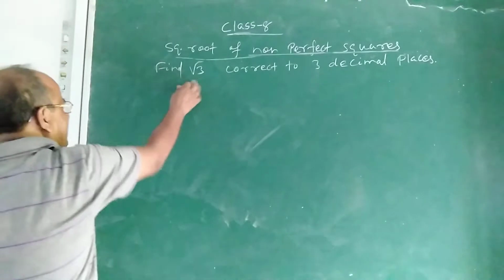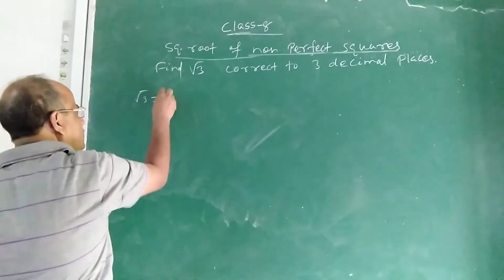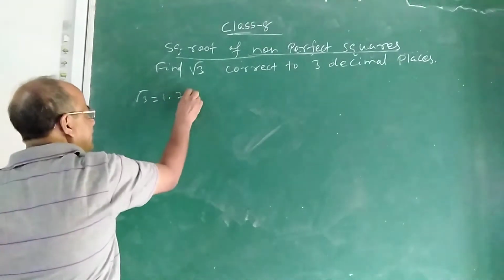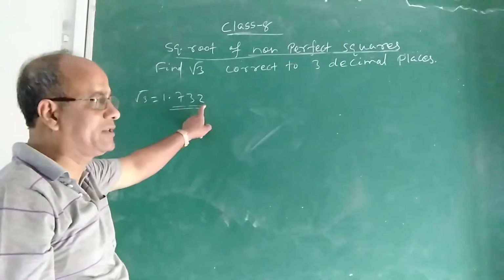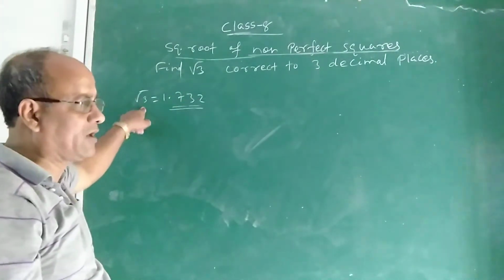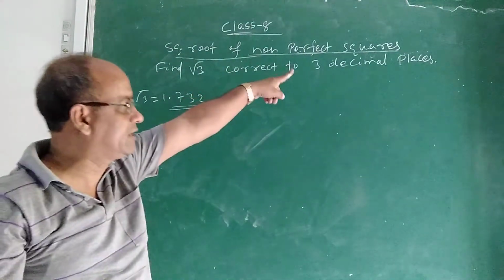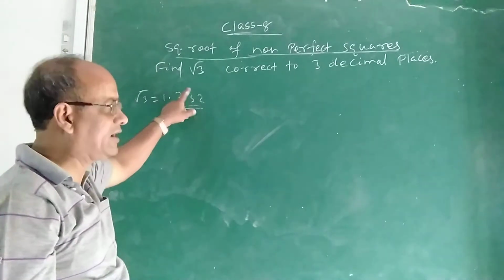That means the answer for the square root of 3 will be 1 point something 732. After the decimal point there will be 3 places. When you find the square root of 3 correct up to 3 decimal places, the answer will be a number like this.